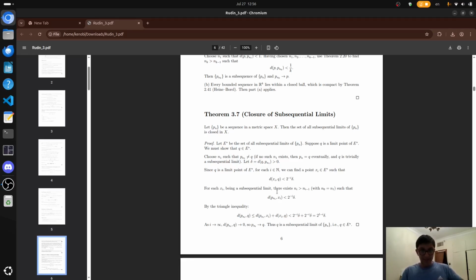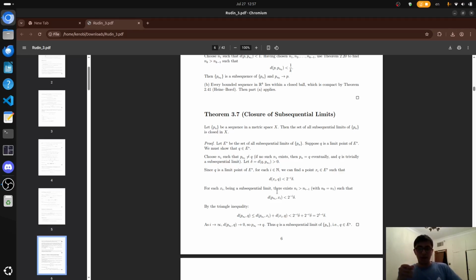And basically you're taking the distance between that limit point and some points in that set, and then taking the distance between all the Pn's and the other points in that set E, because we know, suppose we have a sequence, a point it converges to, and then the limit point, right? The distance between the sequence and the limit point is always contained to be arbitrarily greater than 0, and the distance between the limit point and another point is always contained to be arbitrarily something greater than 0.